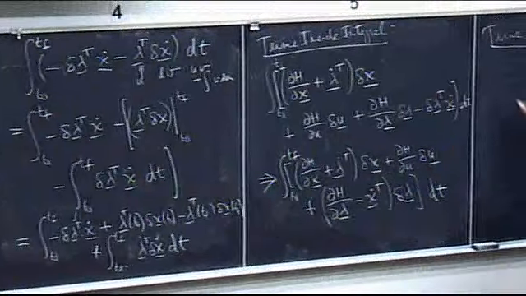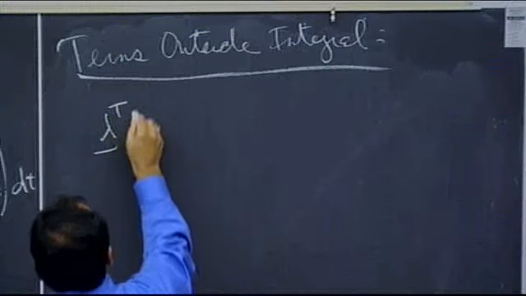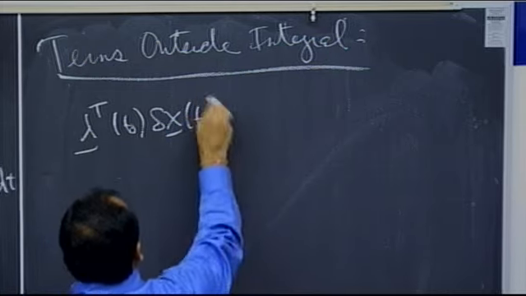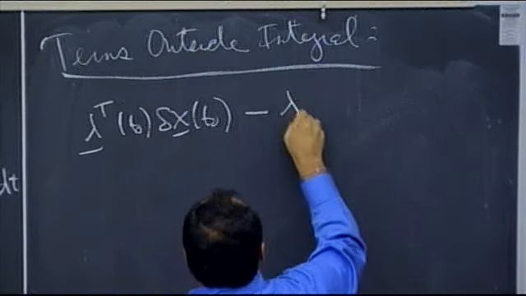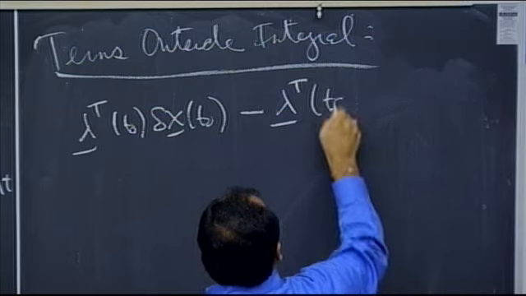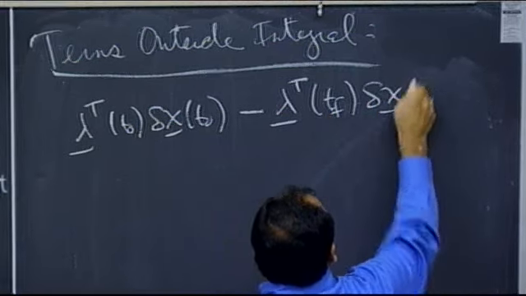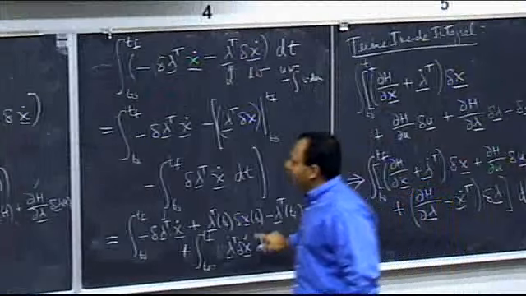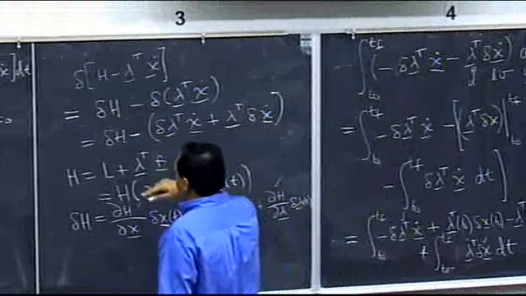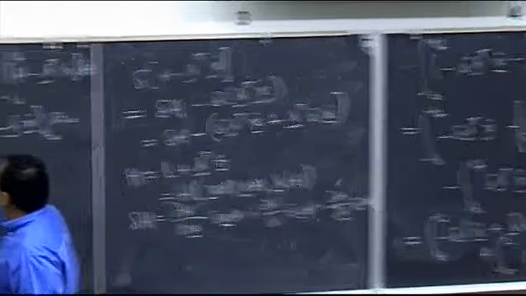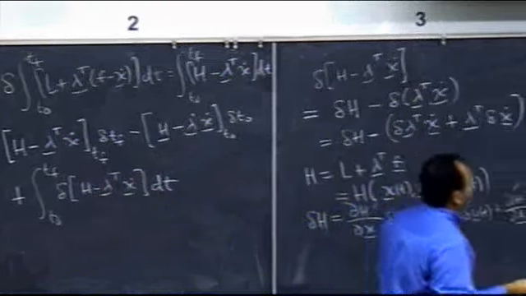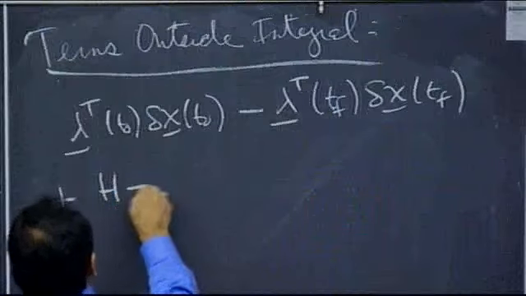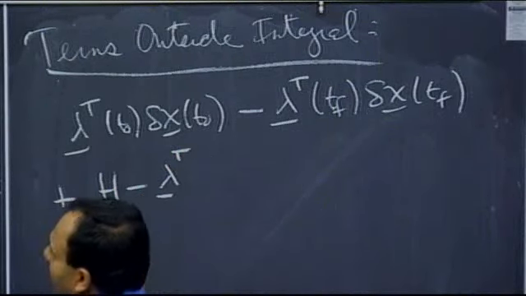So I've got lambda transpose at t0 times the variation in x at t0 minus lambda transpose tf times the variation in x at tf. That's these two terms right here. Now I've also got these terms over here. So I've also got plus h minus lambda transpose.